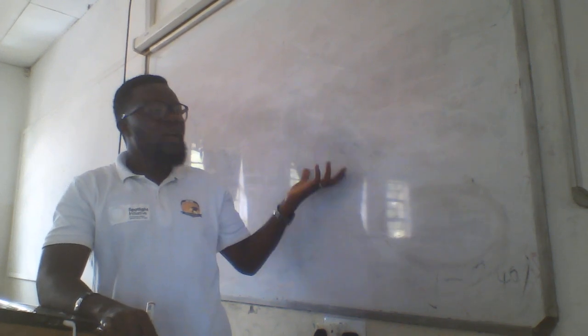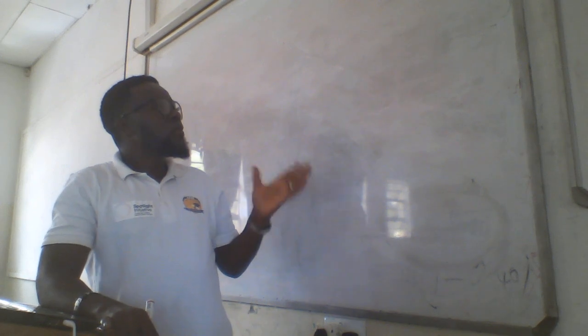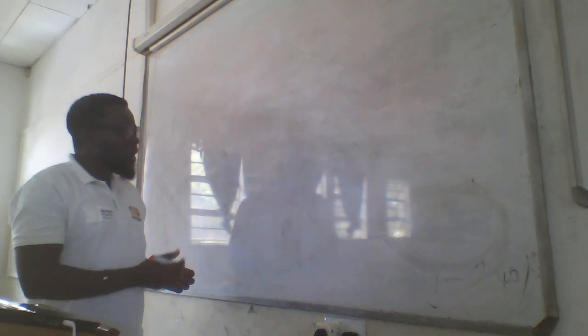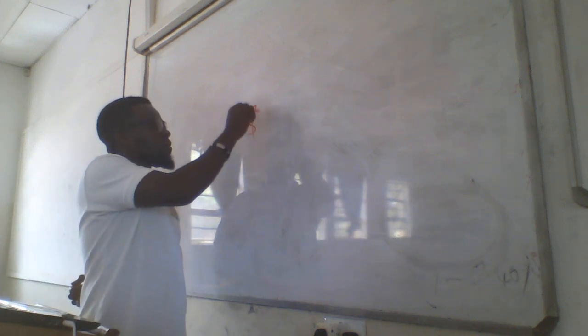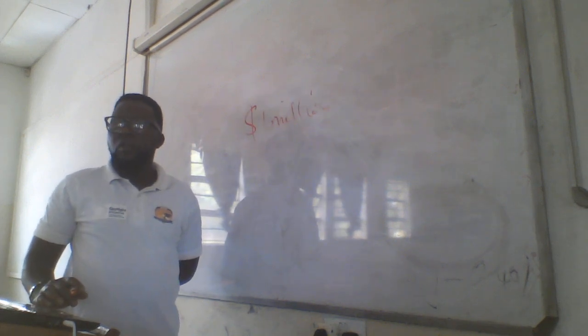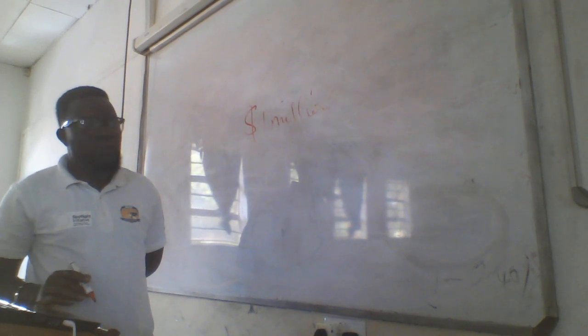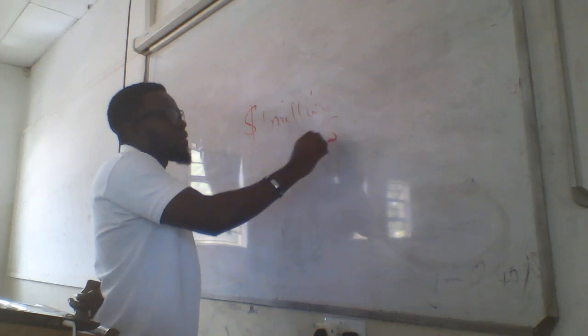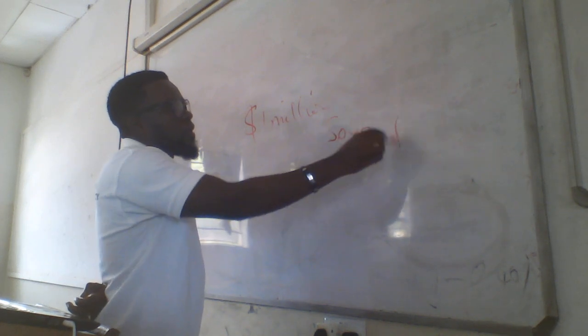They try to weigh in to say, okay, we have this much money, 1 million. Now, on this 1 million, we should invest it in probably soya farming.